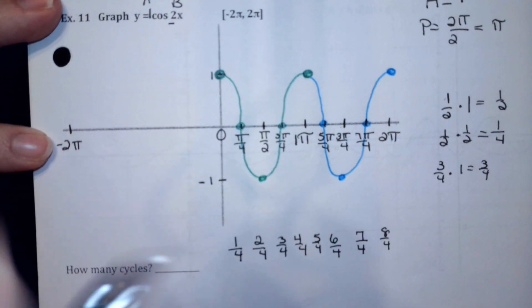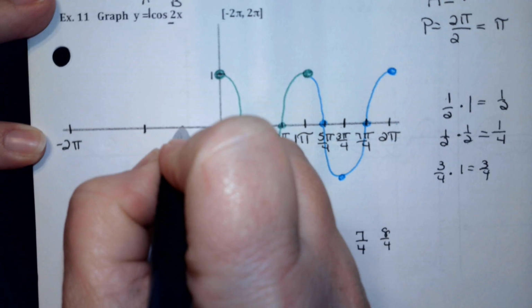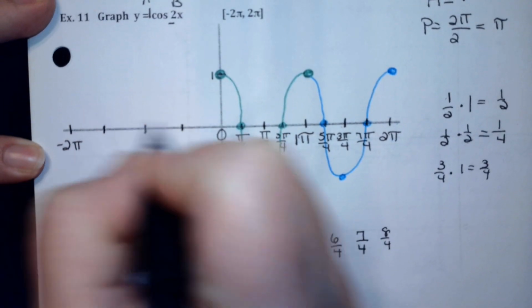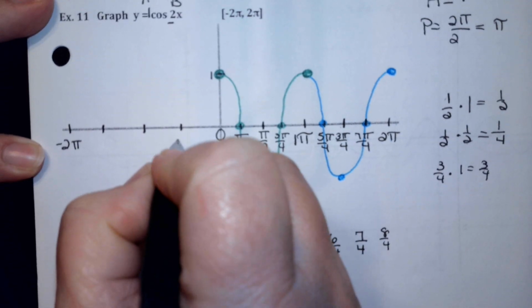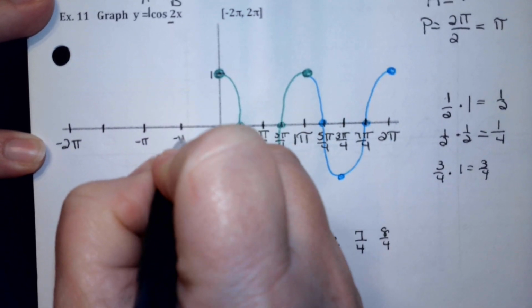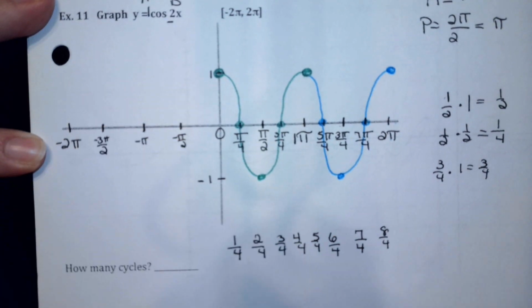Coming over here to the left side, the negative side, these values are going to repeat. Okay, so let's see. If that's negative 2 pi, this would be negative pi. This is negative pi over 2. And this is negative 3 pi over 2.